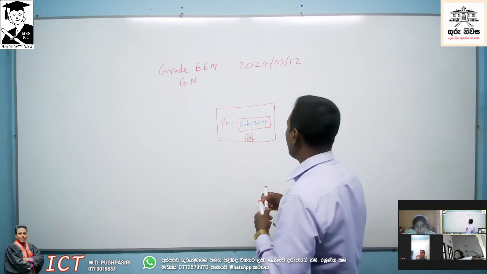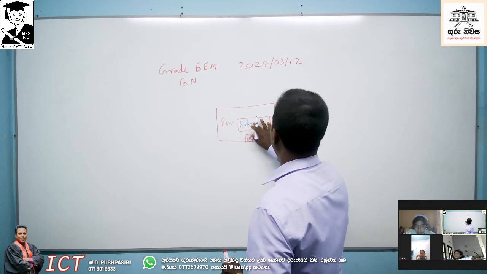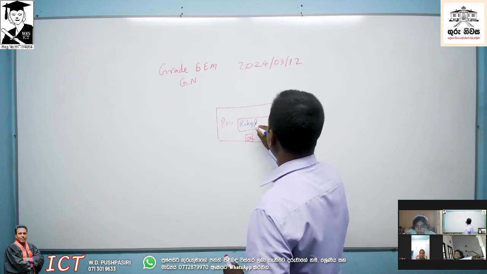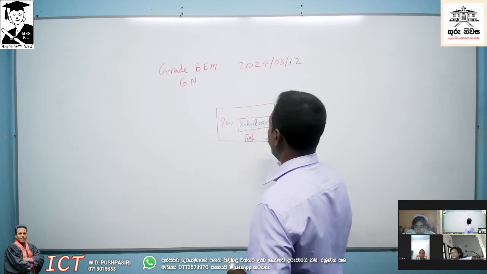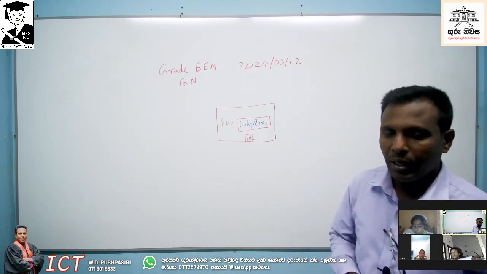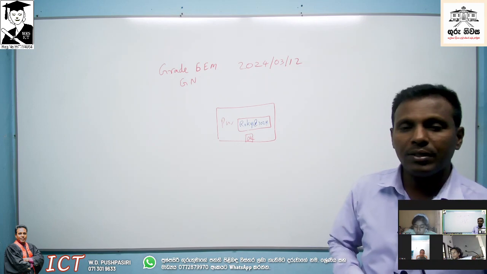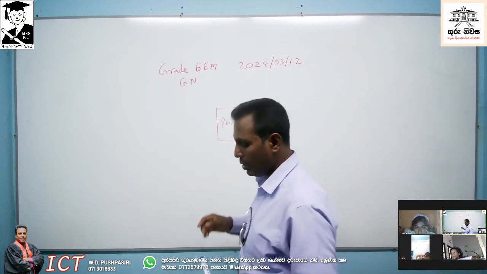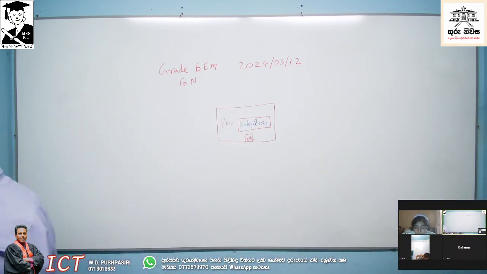Or else we can put like this: Rocky at mark 2024. Symbols, numbers, characters, everything should be there. So this is what you call a hint of a password.